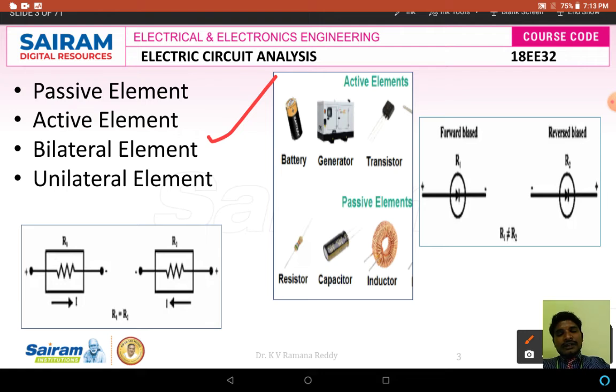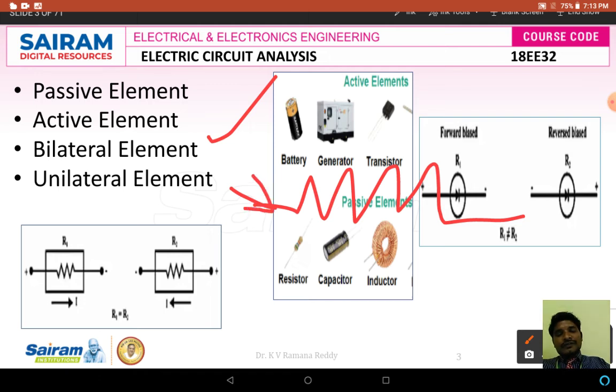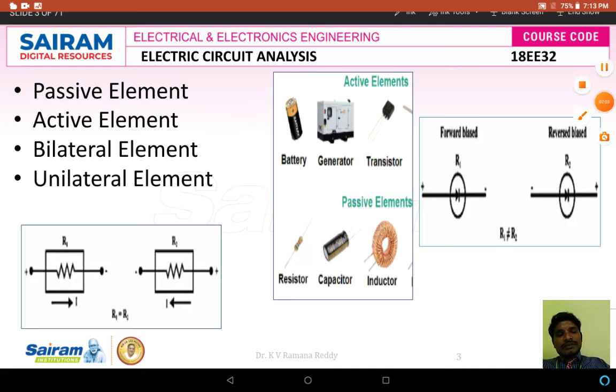Suppose you take a resistor: the amount of current flowing from left to right and from right to left is the same, so the resistor is a bilateral element, because it allows the same amount of current at either end.